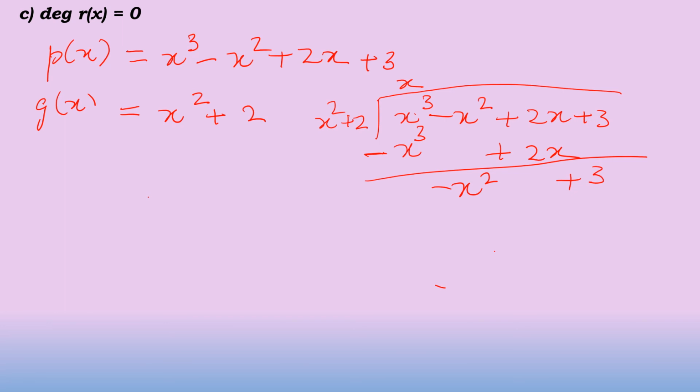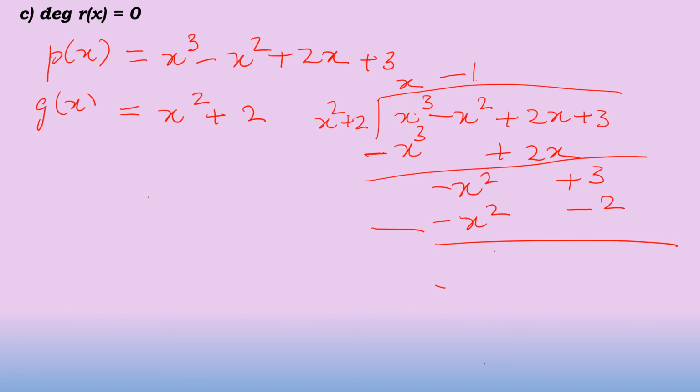Now, minus x square divided by x square will be minus 1. So, minus 1 into x square is minus x square. Minus 1 into plus 2 will be equal to minus 2. So, when you subtract, you get minus x square minus minus x square is 0.